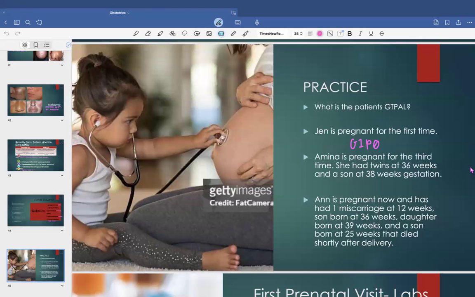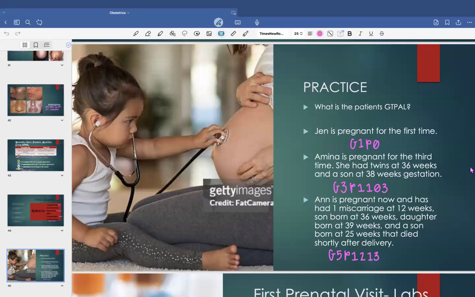G is 5. GTPAL: full term, 1. Premature: son born at 36 weeks, son born at 25 weeks.